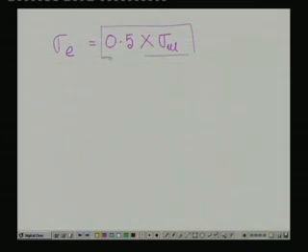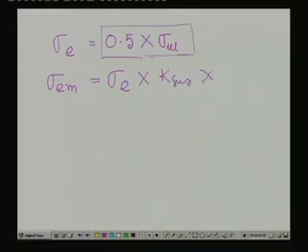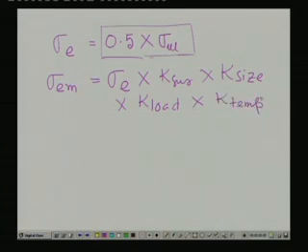Please look into your notes, what we have given earlier. Then we multiply this sigma endurance for the machine element by K surface, K size, K load, K temperature, and K miscellaneous.